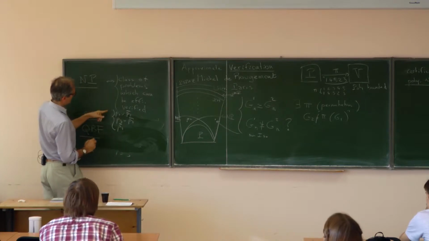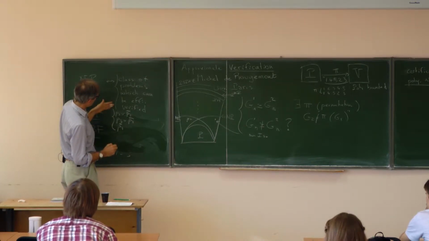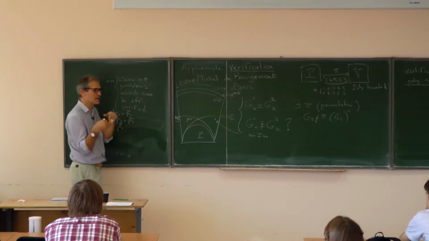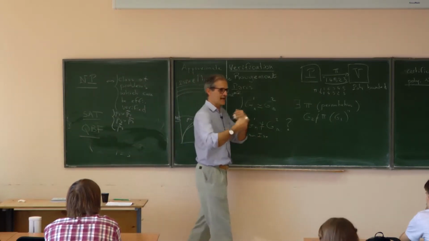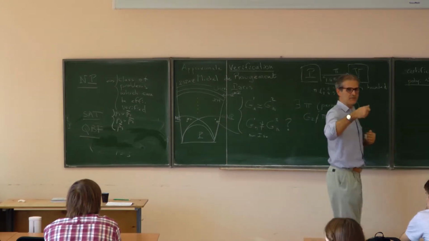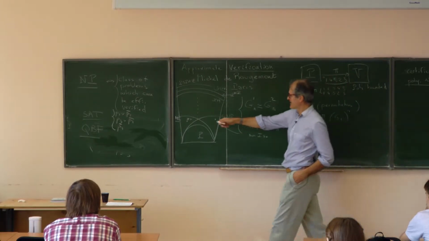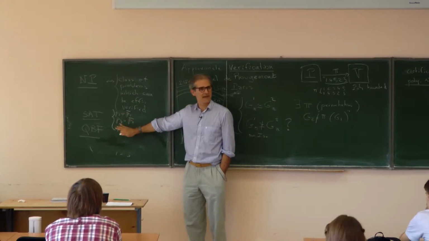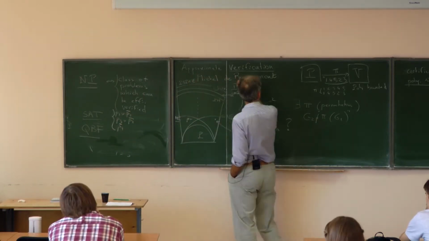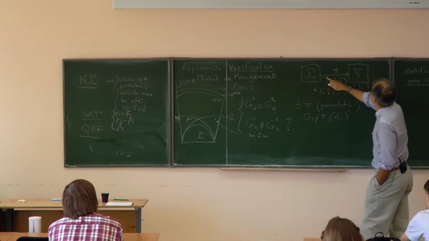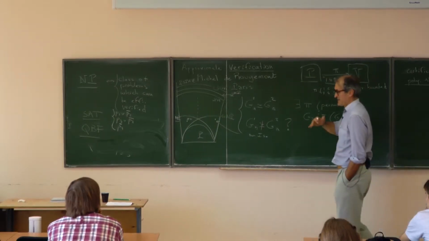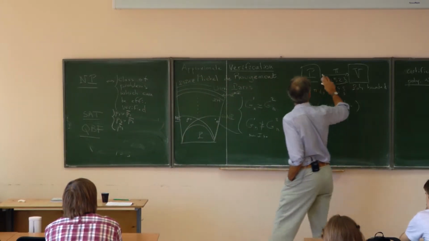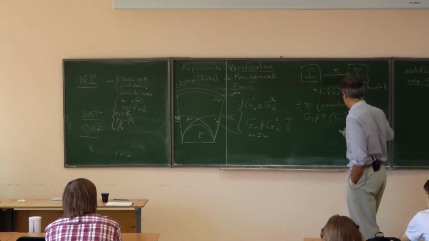So here you have 3 formulas, and then the question is, is the conjunction of the 3 formulas satisfiable? In other words, is there a way to assign 0, 1 to P1, P2, P3 so that I satisfy the 3? Okay? So this is a typical SAT problem, and you can see that it is, of course, an NP problem, because if I want to convince you that it is satisfiable, then I will send you the assignment.